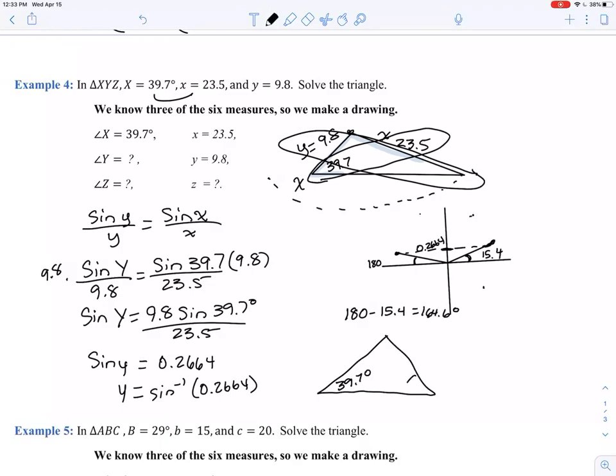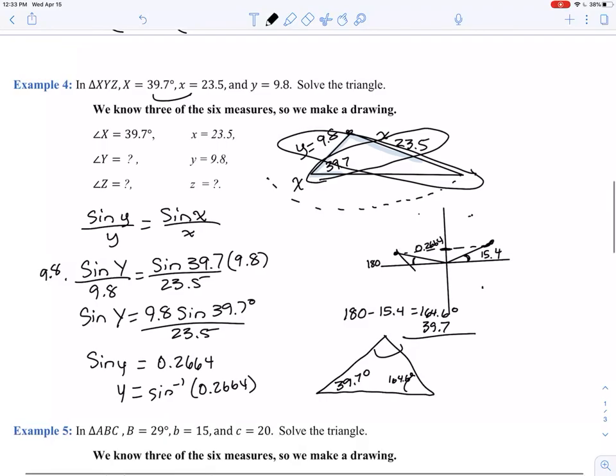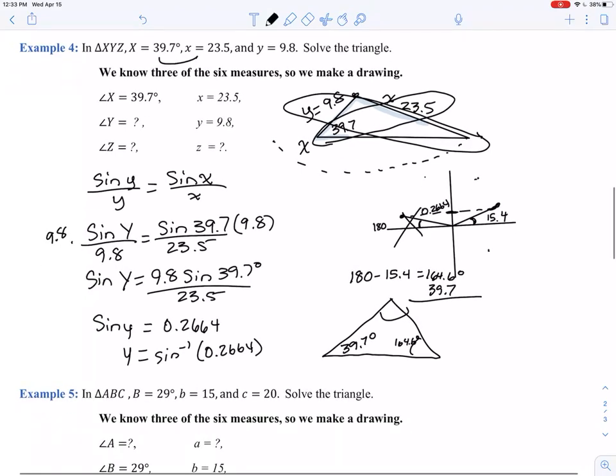So there's no way that this could be 164.6 degrees, because if I were to add 39.7 to 100, I would be beyond 180 degrees. So I couldn't create a triangle with that. And so in this case, this solution is no good. And so there's one solution.